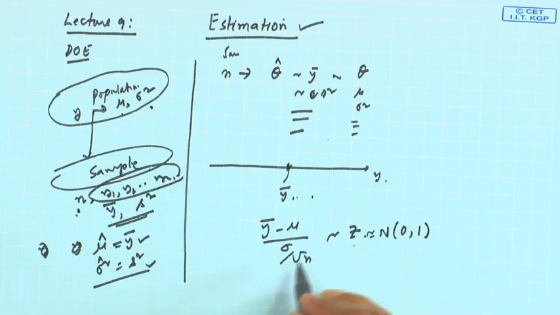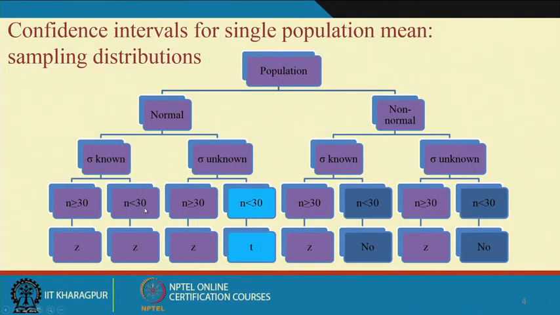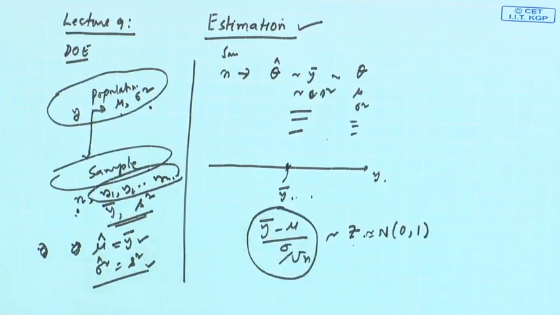So, in this case sigma is known and sample size is large. Suppose sample size is not large, less than 30, what will happen? As the population is normal, even if the sample size is small, this statistic will also follow Z distribution.